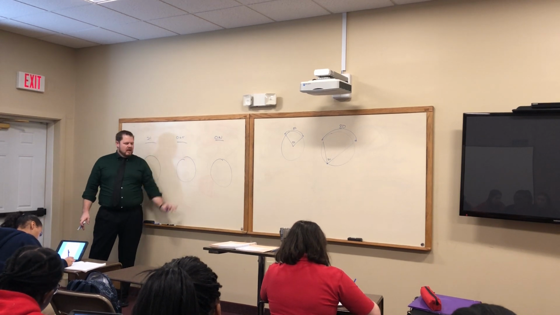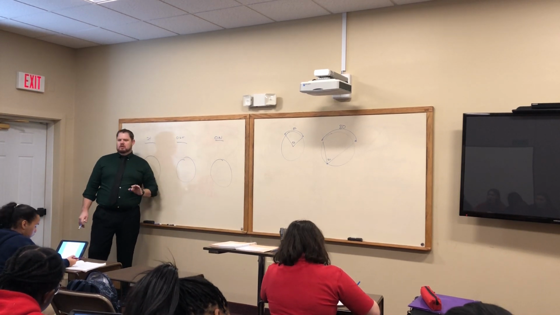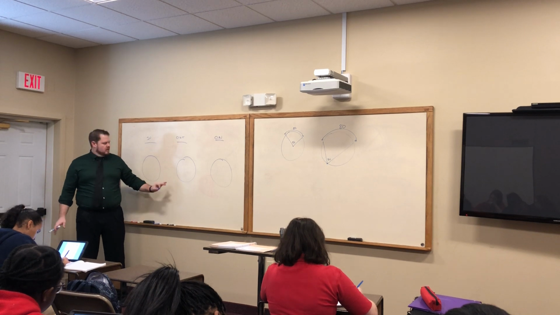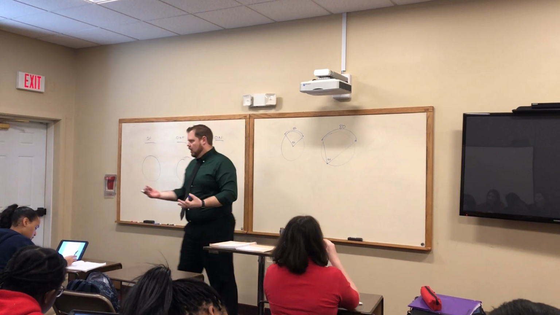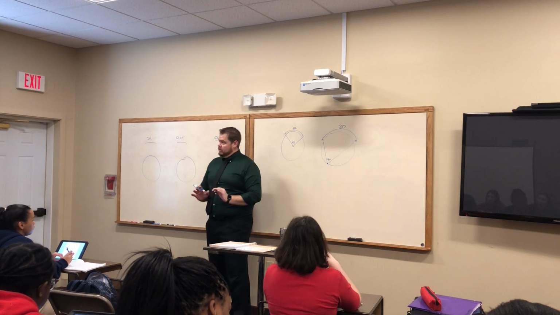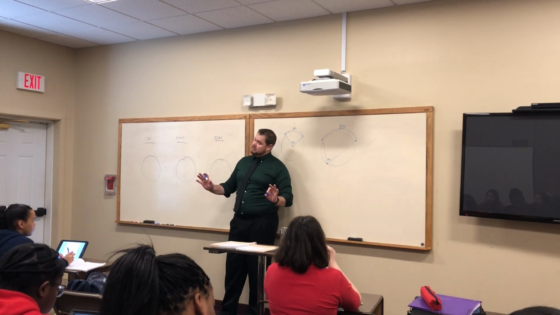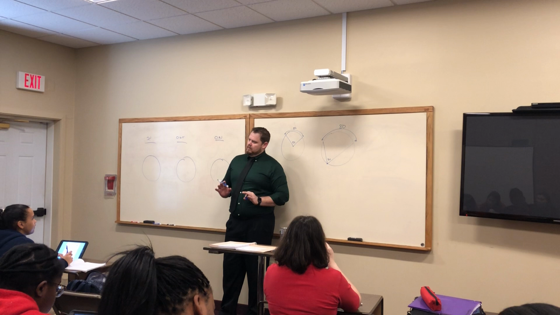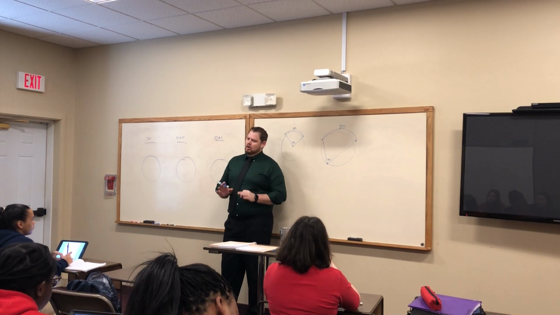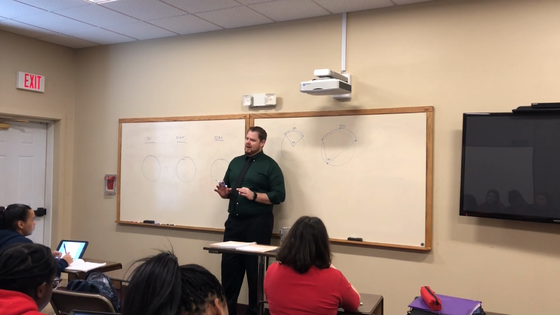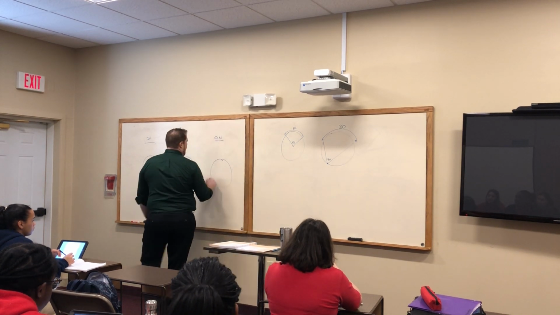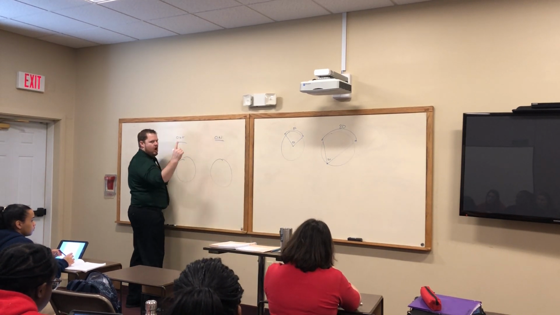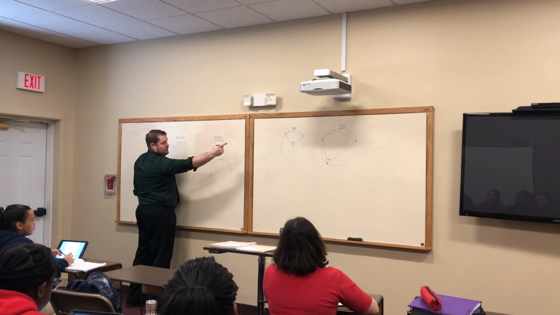If it's outside the circle, where would the point be? Somewhere outside. If it's on the circle, it's going to be on the circle. Is everybody good so far? So let's review. If I have an arc and I need to solve for an angle that intersects on the circle, what would it be?